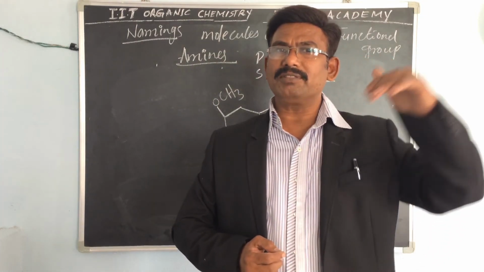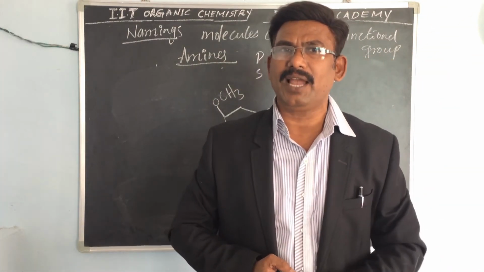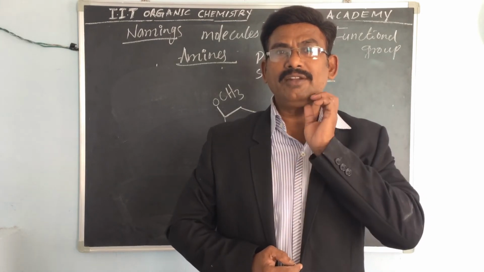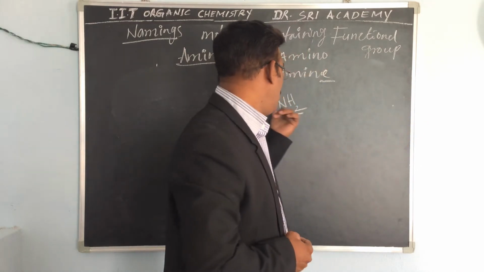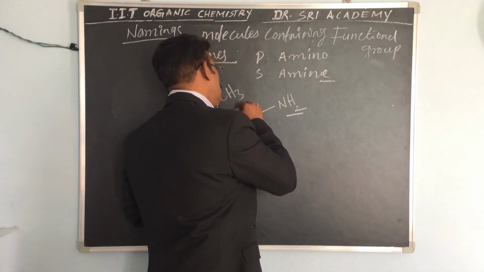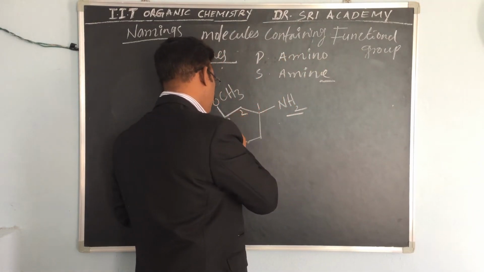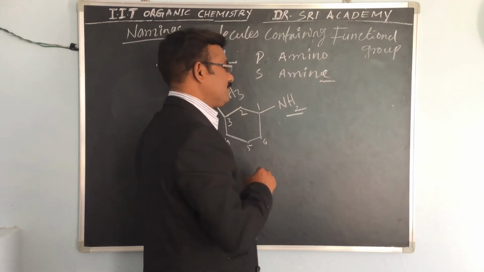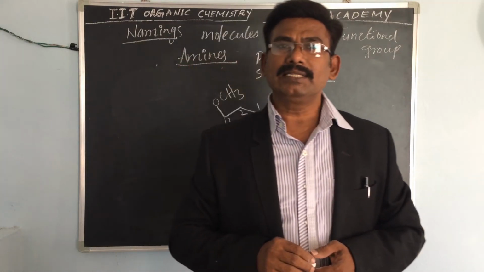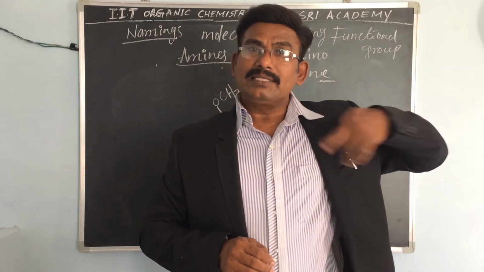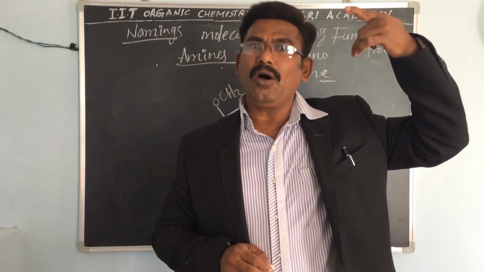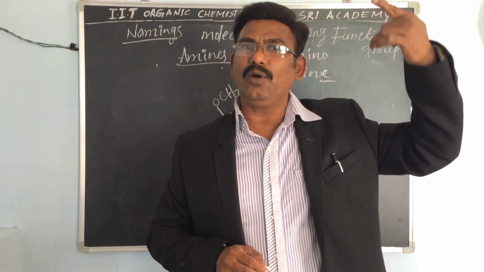So to give the numbering, start with the longest chain, where that is the 1, containing the amine. This one is 1, 2, 3, 4, 5, 6. 6 means hex. Cyclic means cyclo, hex.